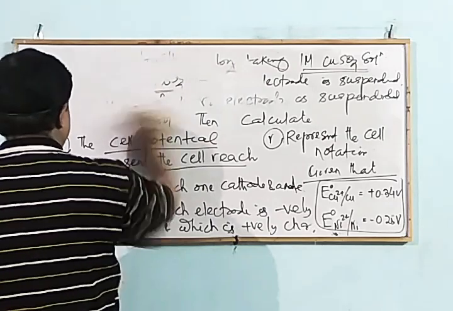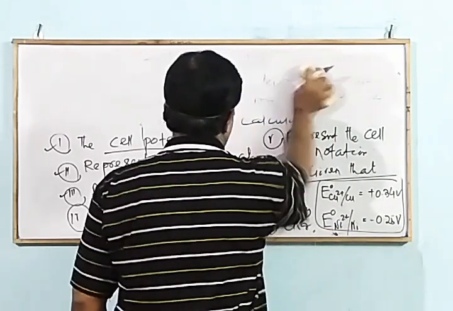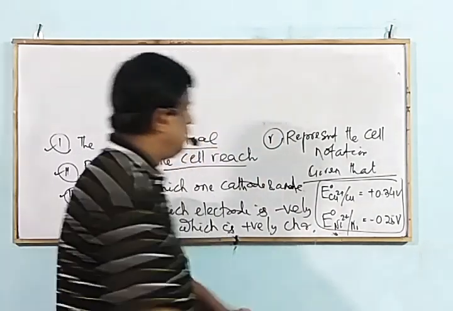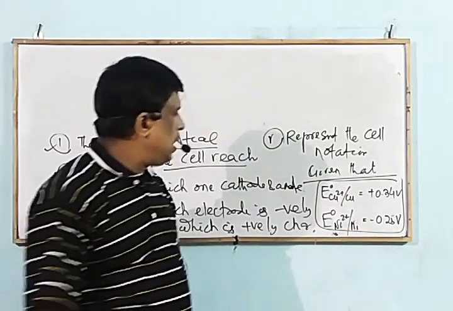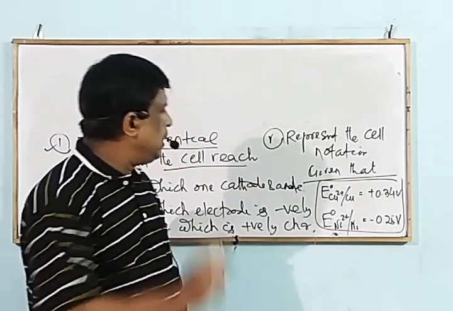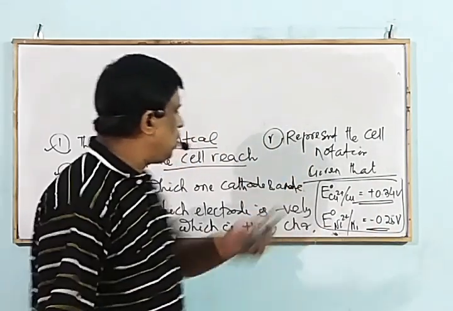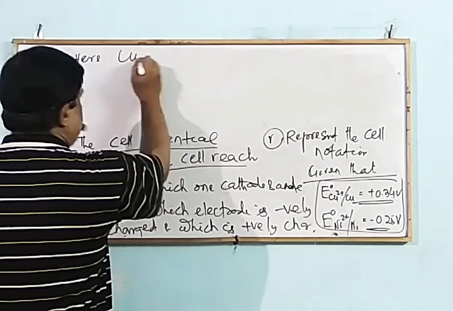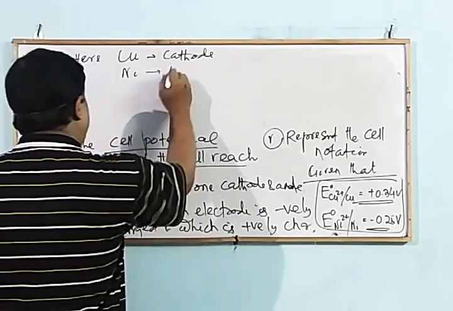How do we solve this one by one? From this data, it is clear that both are reduction potentials. One is a higher reduction potential and one is a lower reduction potential. So the copper electrode behaves as cathode and the nickel electrode behaves as anode.